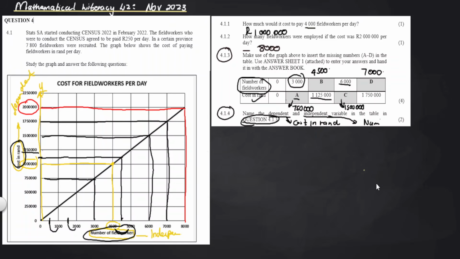Let me just write it, guys. The dependent variable is gonna be the cost in rent.